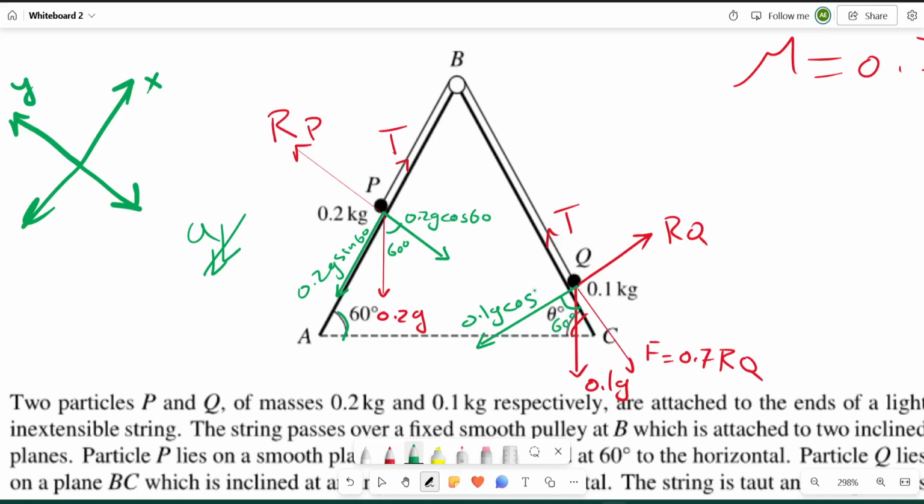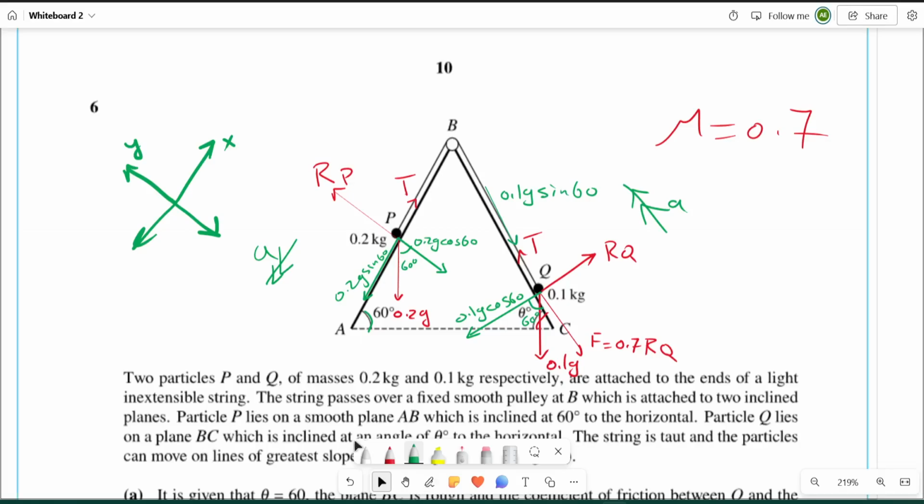So this is going to be cosine 60, and another component which I can draw over here, or I can draw over in this direction. I just draw it on top, it doesn't matter, which is I'm here and I want to go in this direction, so I'm going away from my 60 degrees. So this is going to be 0.1 g sine 60, and my acceleration is going to be upwards. Now I fully drew everything that I need.